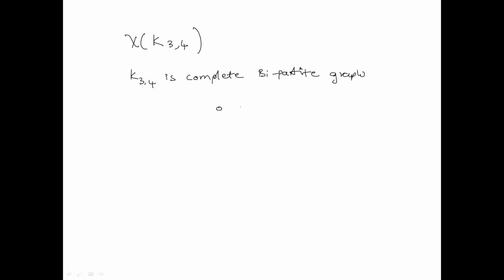Three vertices in one group and 4 vertices in another group, and this is K3,4, right? So tell me, what is the chromatic number of K3,4?